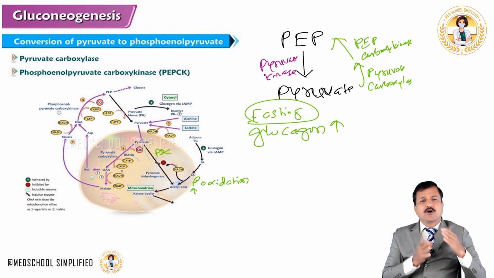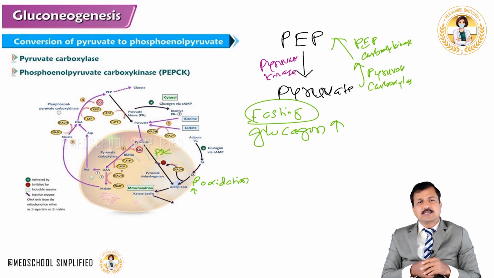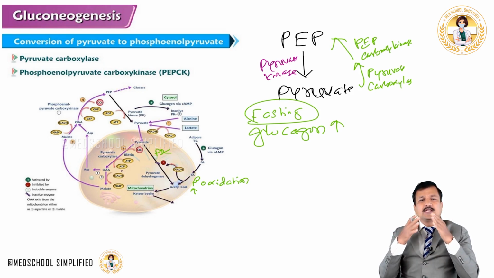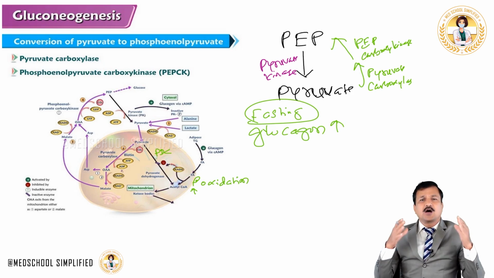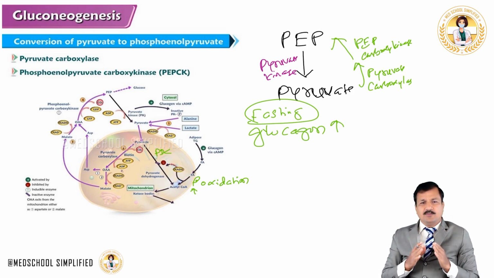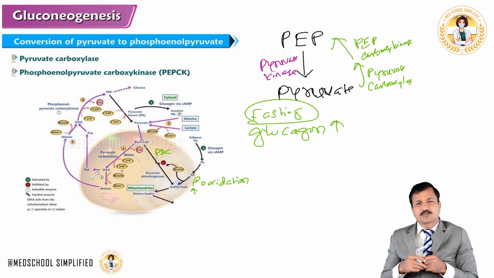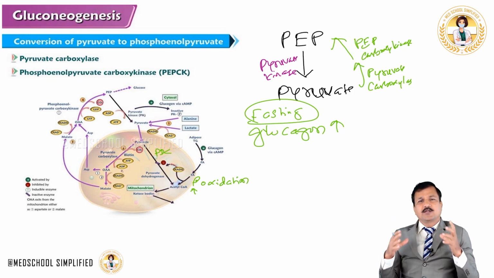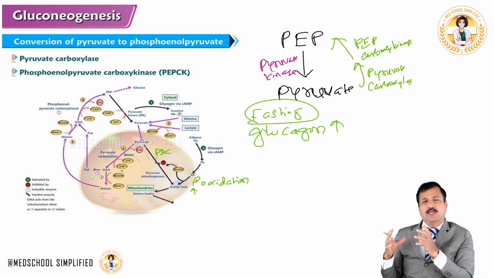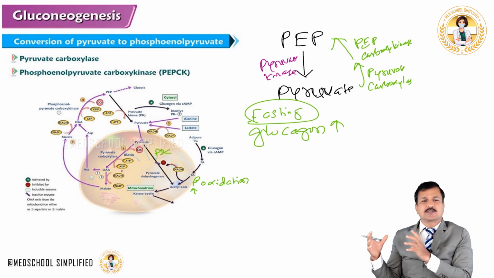Pyruvate is now taken into oxaloacetate by pyruvate carboxylase, which needs biotin, and it does the carboxylation. Now oxaloacetate has two fates again. Oxaloacetate can be converted into malate. That's the major fate of oxaloacetate, because in the mitochondrial matrix we have plenty of NADH already coming from beta oxidation.